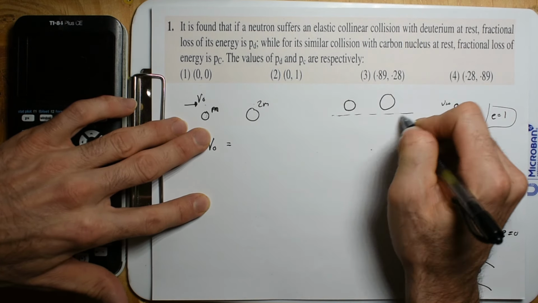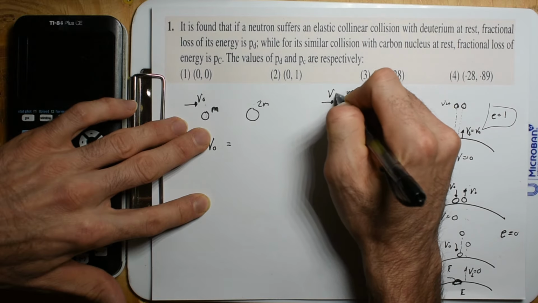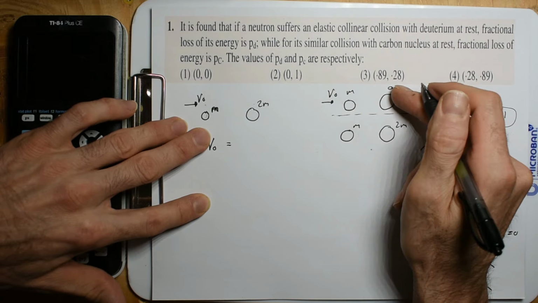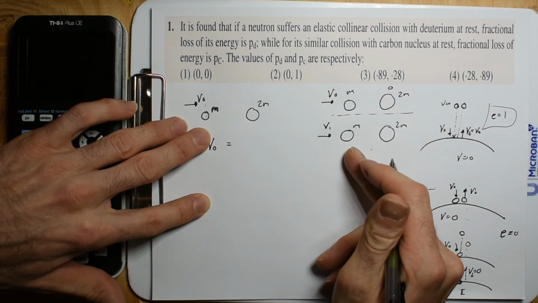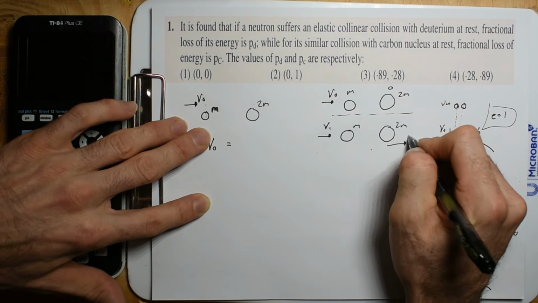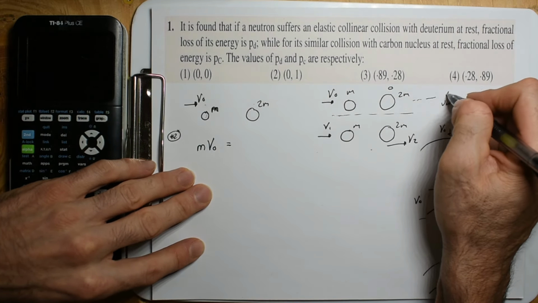This is the initial setup, and then afterwards you have this mass and this mass. So this is 2m, this is m. You have an initial velocity of v initial, this one is 0, and for their notation, they call the velocity of this one v1 and the velocity of this one v2. And they choose this as the positive direction.